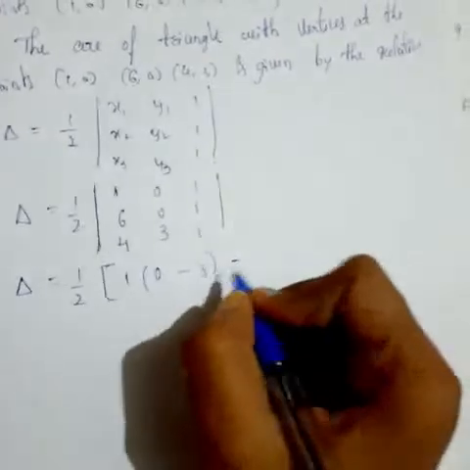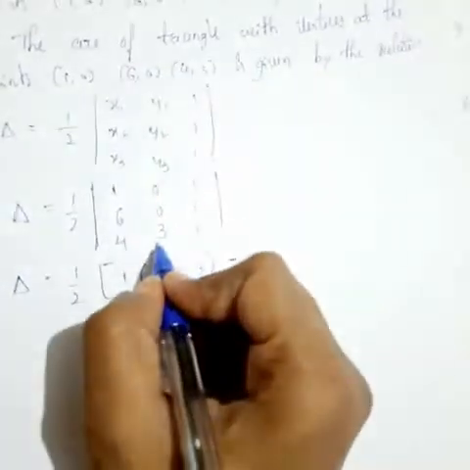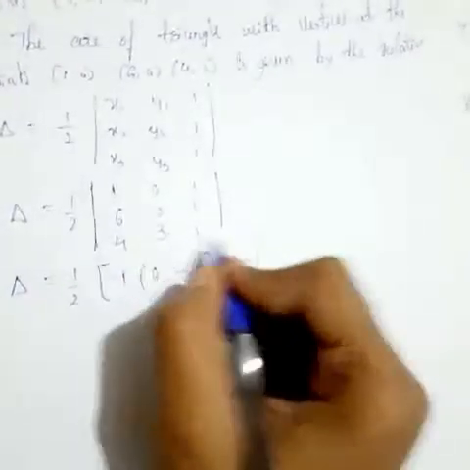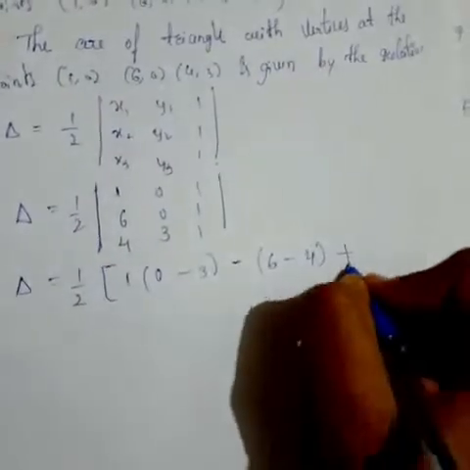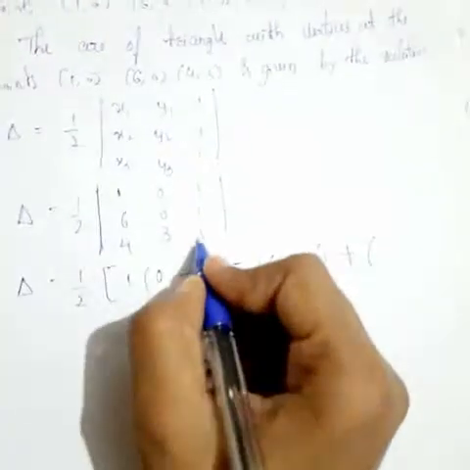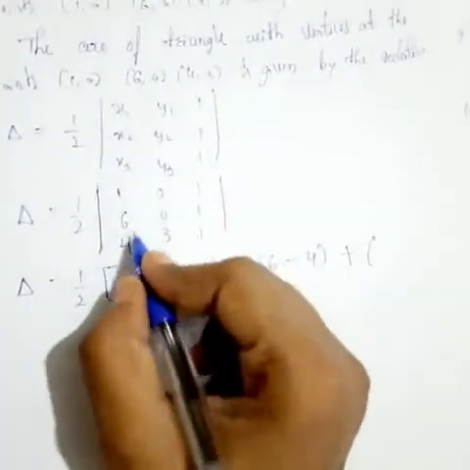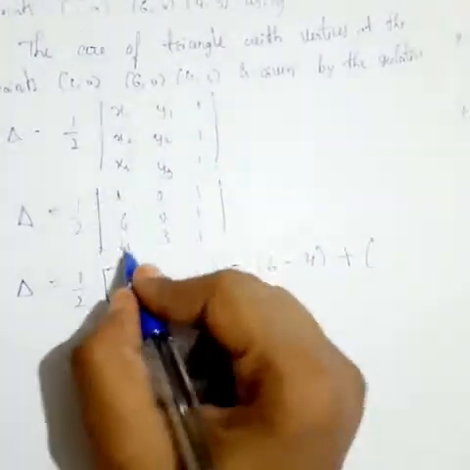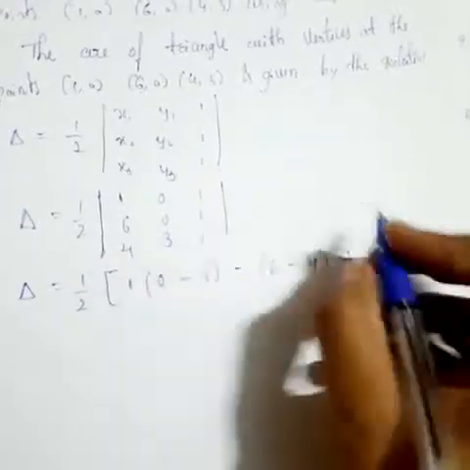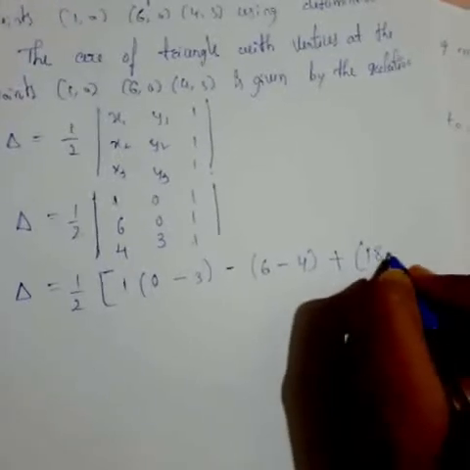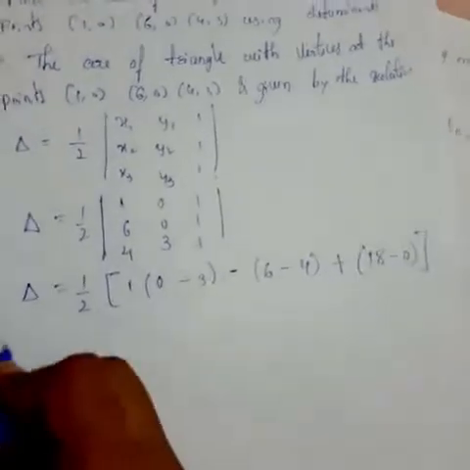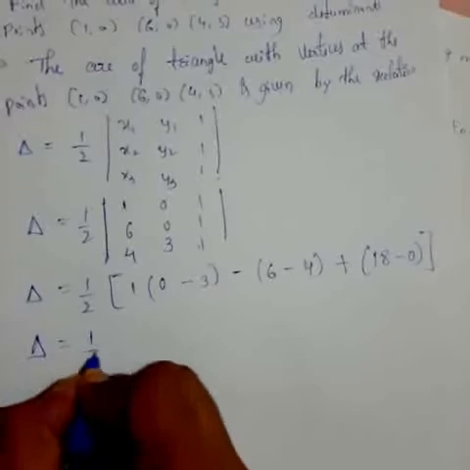Next is alternative sign, minus. The first row, second column, if you leave the 6, 6 into 1 is 6 minus 4 into 1 is 4. Next we have to put plus sign, first row, third column. Then the remaining elements we have to find the determinant. 6 0, 4 3: cross multiplication 6 into 3, you will get 18, minus 4 into 0. Yes, solve this, you will get the area of the triangle.